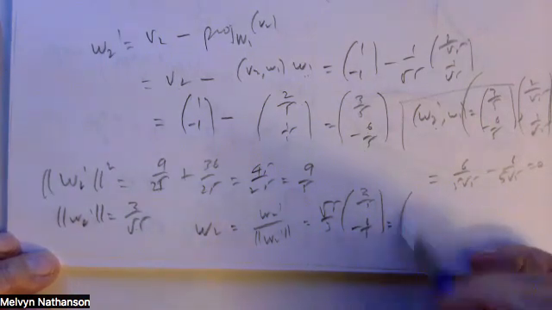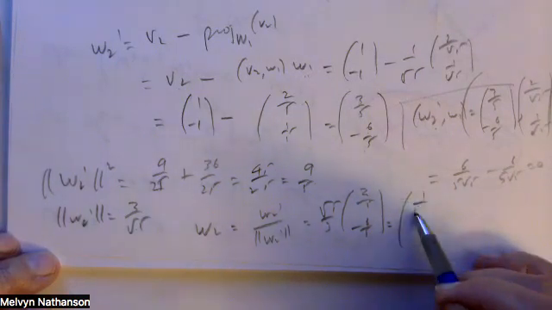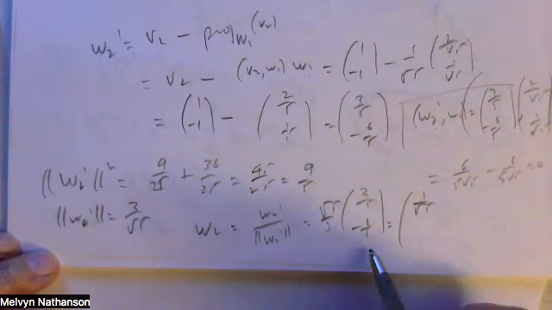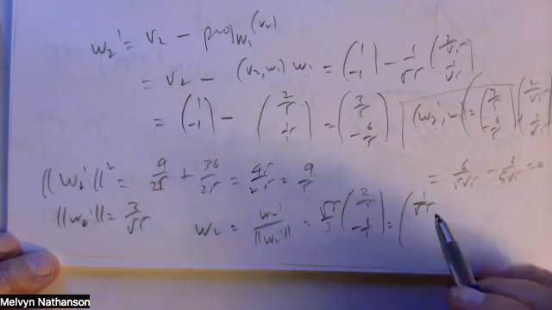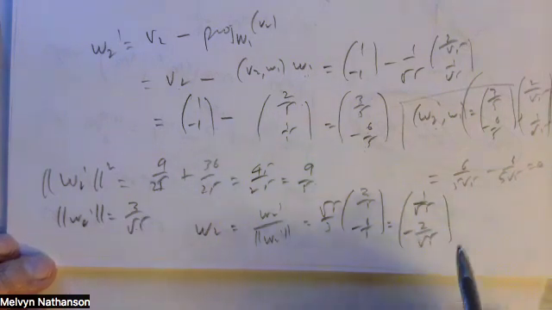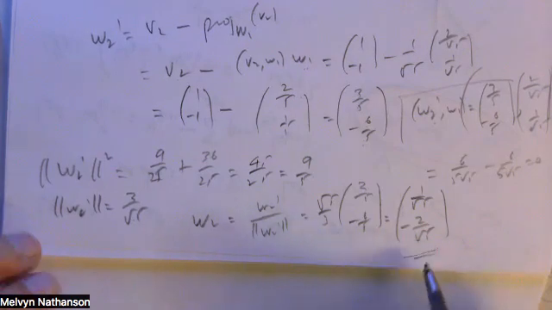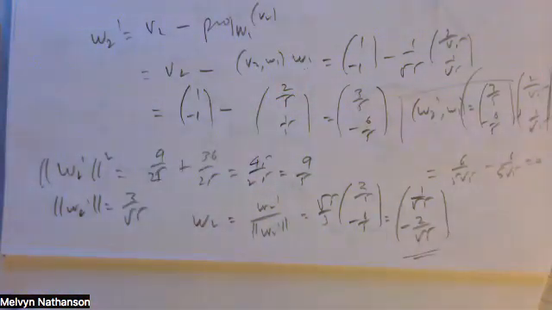So if I can do my arithmetic correctly, this first coordinate is 1 over the square root of 5, and the second coordinate is minus 2 over the square root of 5. And this vector does have unit length, and it is perpendicular to the vector (2 over root 5, 1 over root 5).